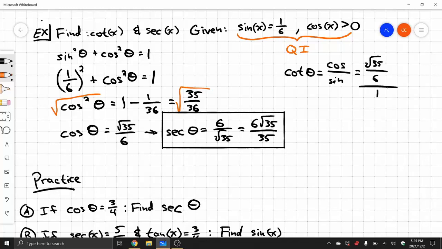And my sine I was given as 1 over 6. So my cotangent is going to be root 35 over 6 times 6 over 1. And my 6's cancel out, and I'm left with just the square root of 35 for my cotangent of theta.